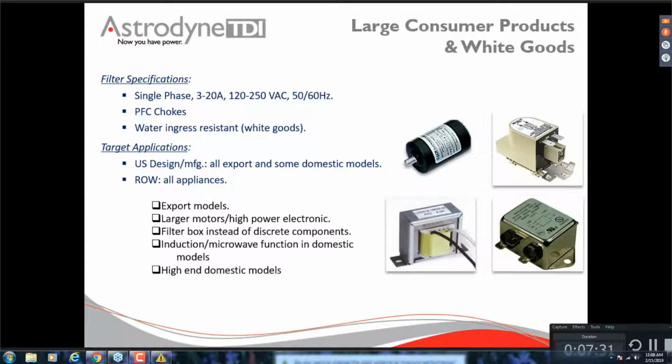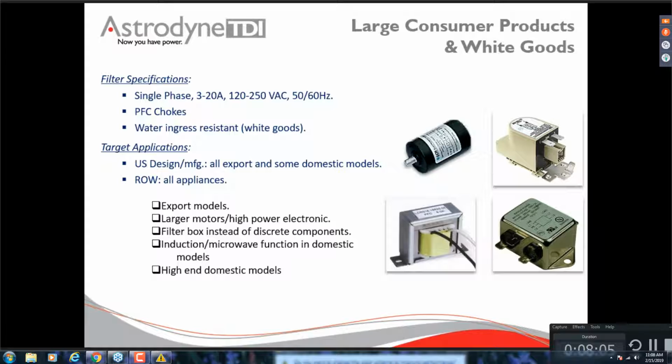What are some of the target applications in terms of U.S. design or rest of the world design and manufacturing? Once again, all export and some domestic models require EMI filters. For the rest of the world, all appliances require EMI filters. To elaborate on that, as I mentioned earlier, larger motors with high power electronics will require EMI filters, and they will typically require a filter box instead of the discrete components themselves.